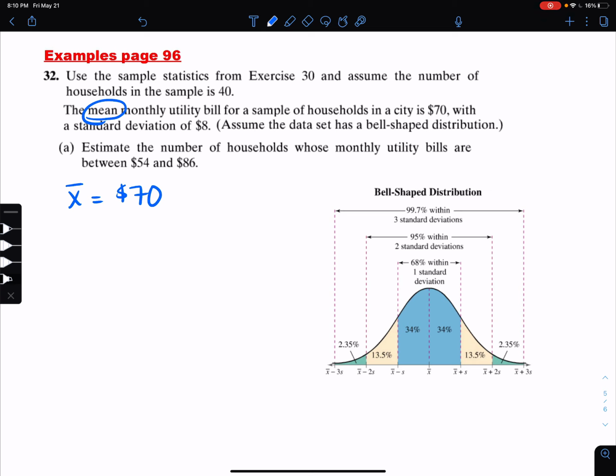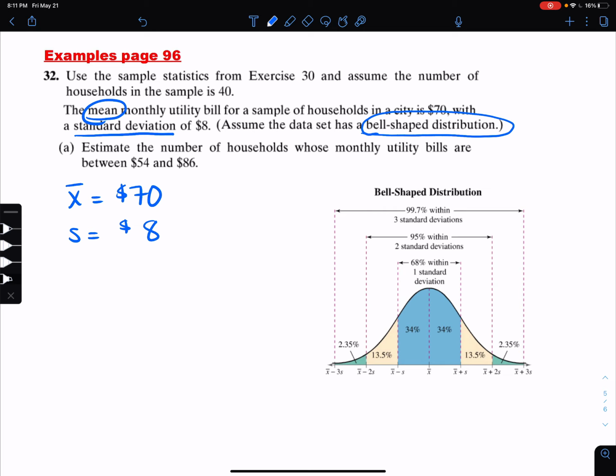And I'm told the standard deviation of that sample, that would be a value of S, is $8. And then right here, this is what's important. I'm told this follows a bell-shaped distribution. That's how I know that I can use the empirical rule.